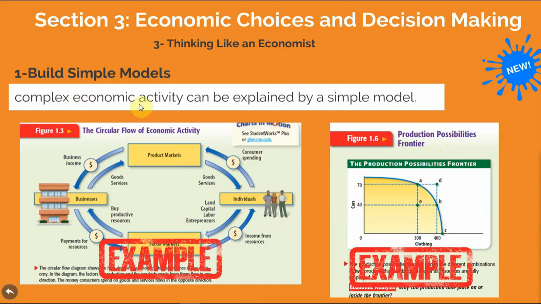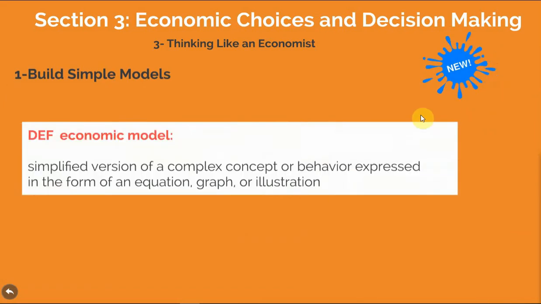So complex economic activity can be explained by a simple model. So the definition for economic models is a simplified version of a complex concept or behavior expressed in the form of an equation, graph, or any other illustration.